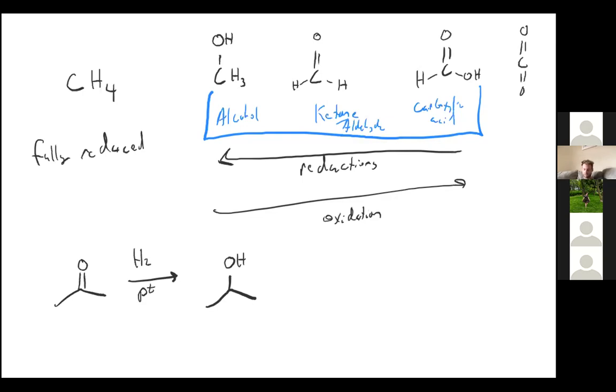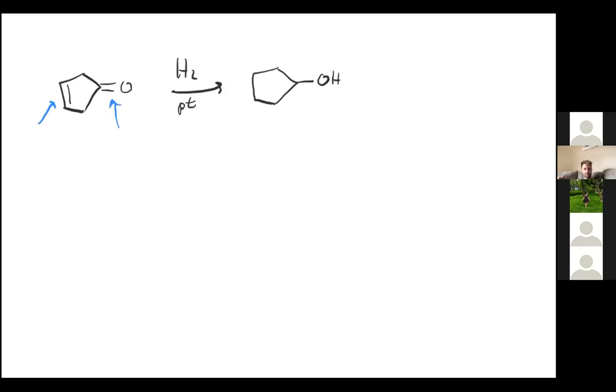The issue with using H2 is that it is not very selective. It loves to reduce, so if we throw in H2 with, for instance, this molecule here, we are going to reduce both our OH as well as our alkene here.